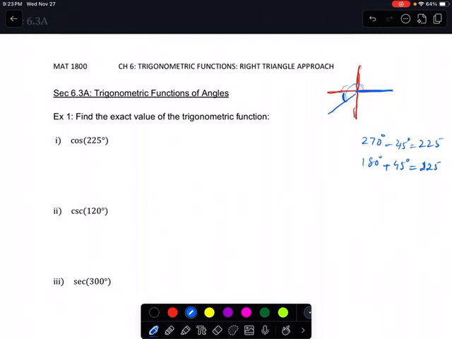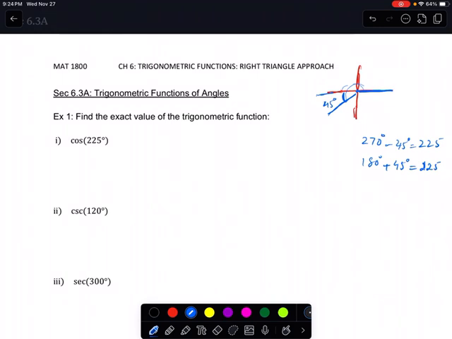So this angle, which the terminal ray is making with the x-axis, we know is the 45-degree angle. So now the numeric value of cosine of 225 will be the same as the numeric value of cosine of 45.